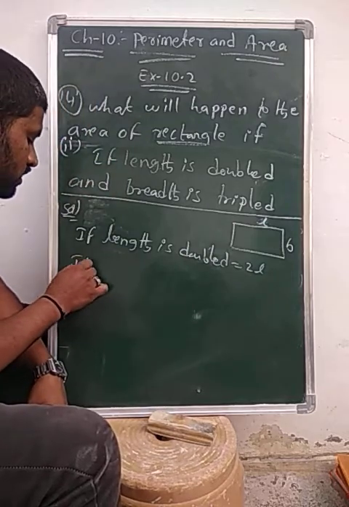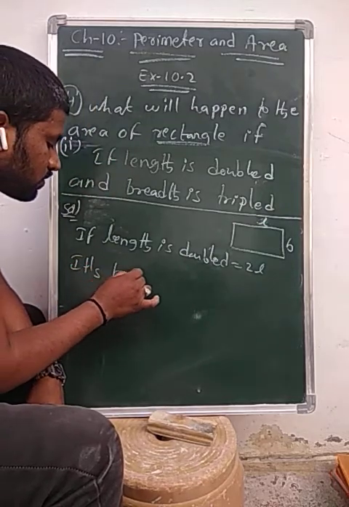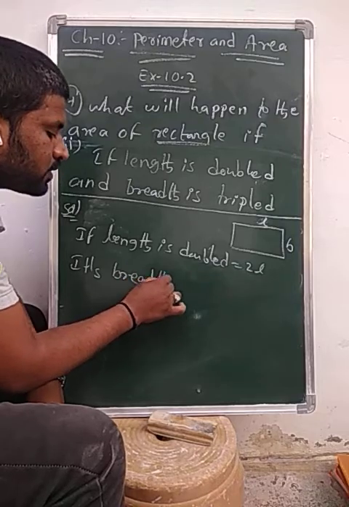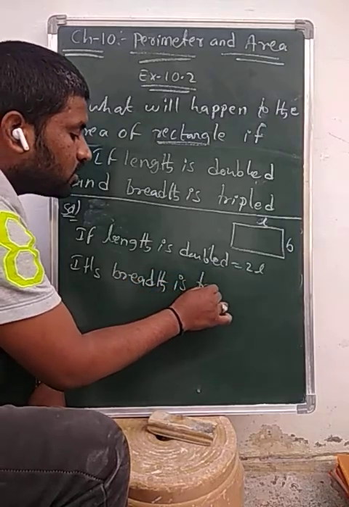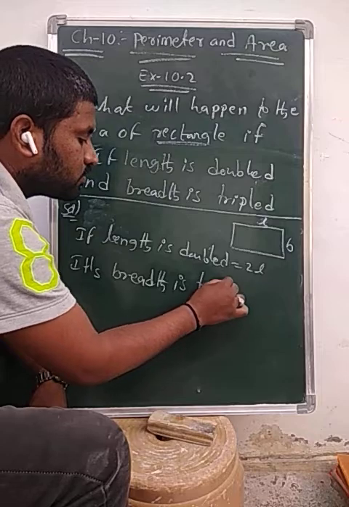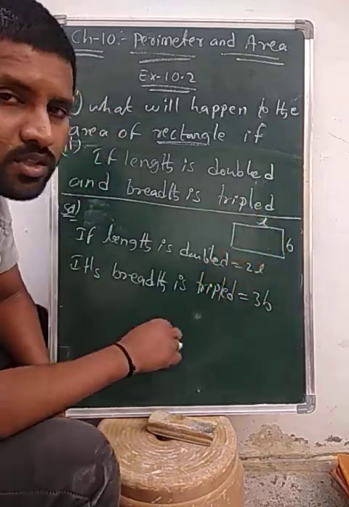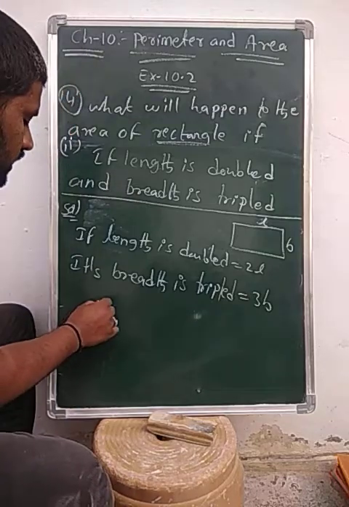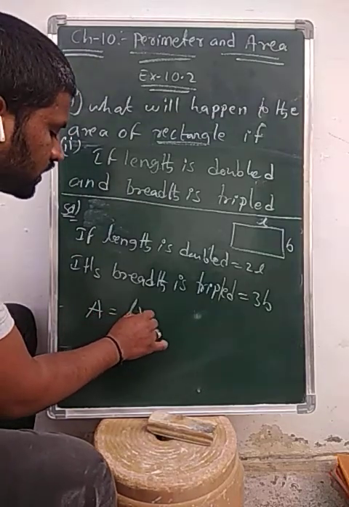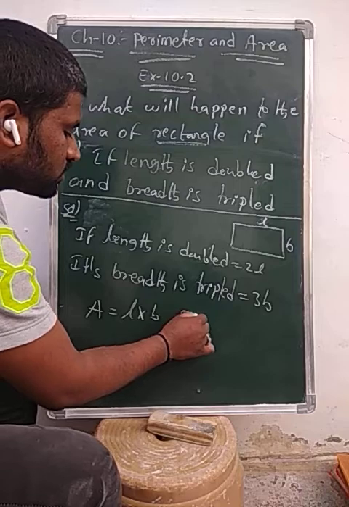Its breadth is tripled, that is nothing but 3 into B, 3B. Now area is equal to length into breadth square units.